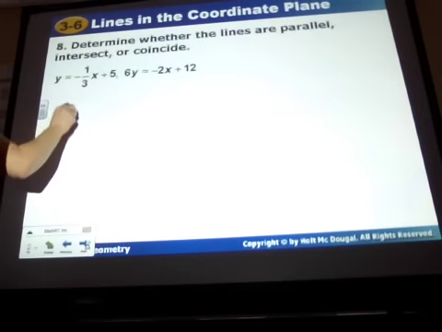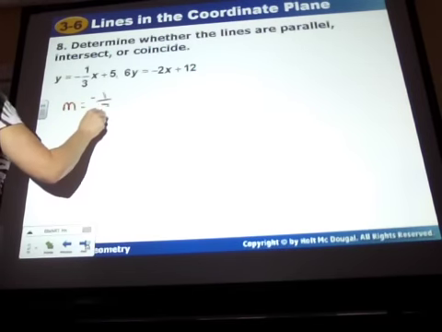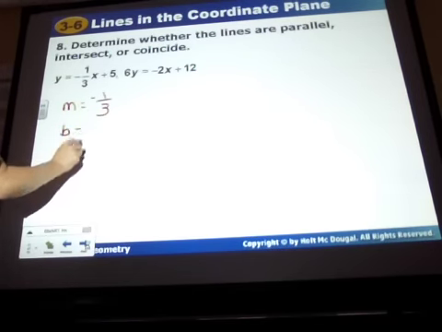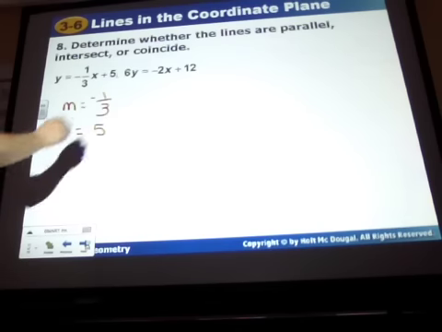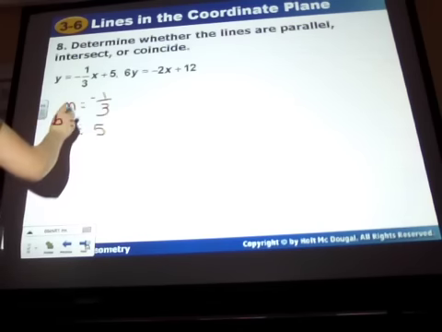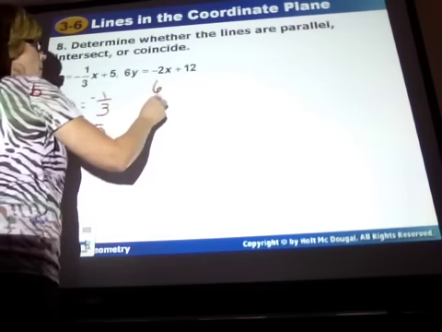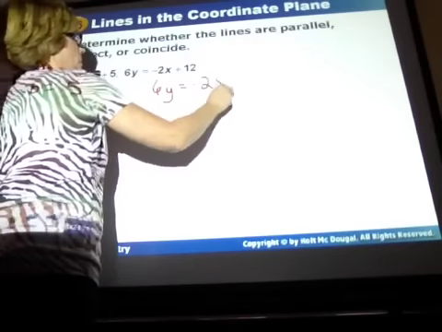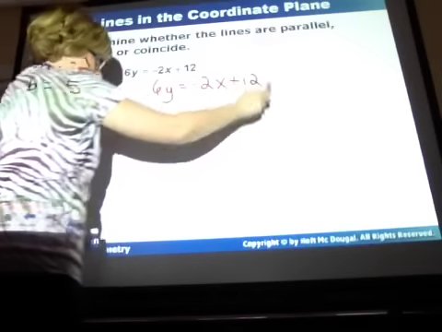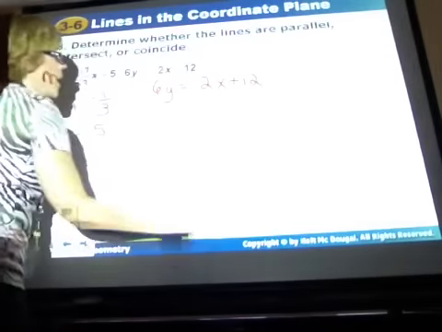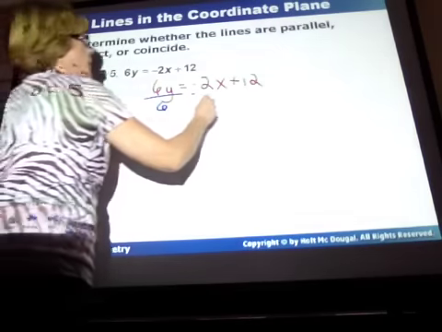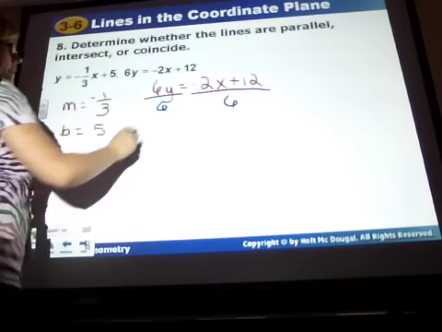Okay, let's identify our slope and our y-intercept. Now on the second line, we need to put it in slope-intercept form so we can identify our slope and our y-intercept. In order to do that, we need to isolate the variable y. By doing that, I'm going to divide everything by 6.